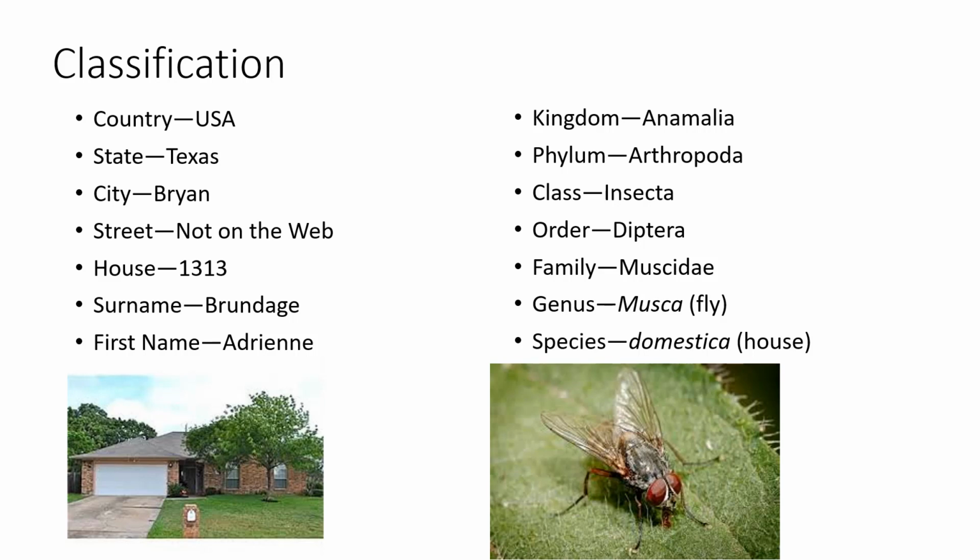But even in Bryan, there are a lot of people. Now I'm differentiated from everybody else who lives in other cities within the state of Texas, within the country of the United States. But even then, it's a little bit harder. There might be even more Adrian Brundages in Bryan. So we have to get even more specific. So we have to write down my specific street in that city, in that state, in that country.